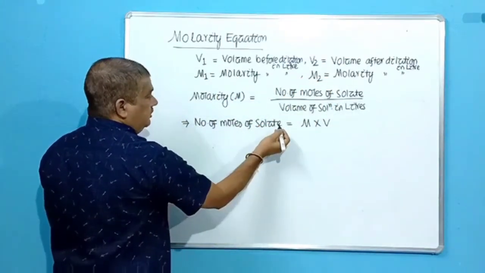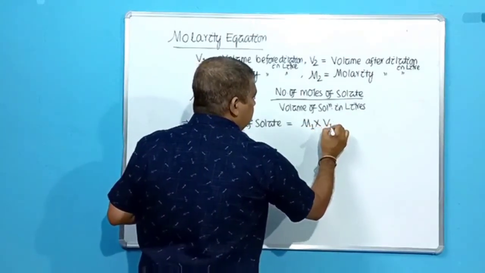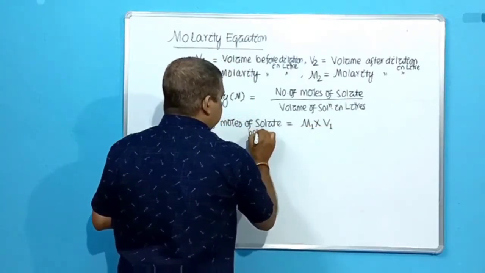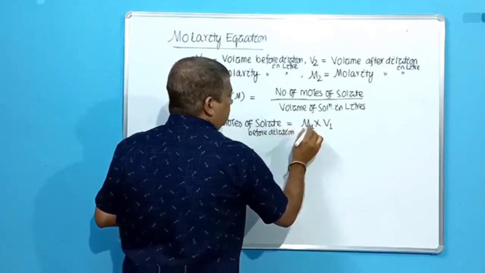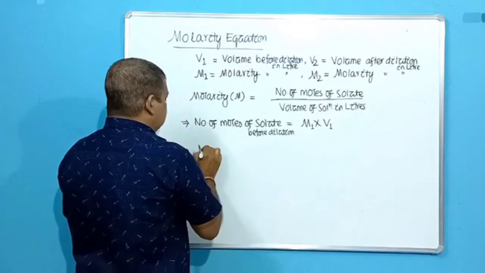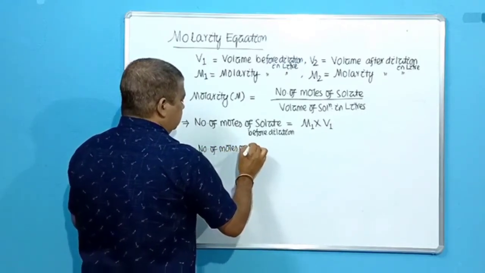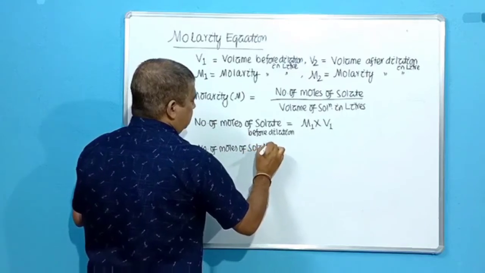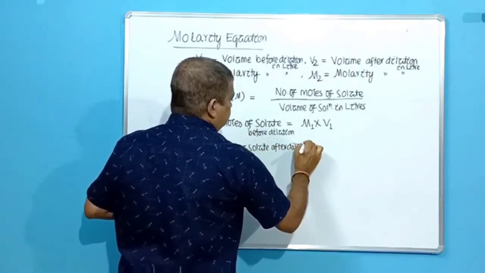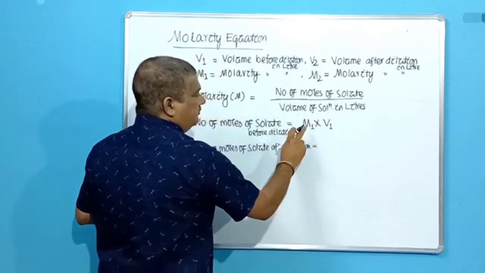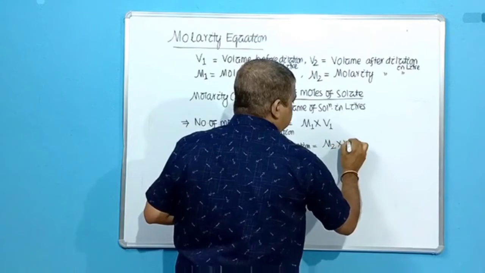So we can write number of moles of solute before dilution is equal to M1 into V1. Similarly, number of moles of solute after dilution will be molarity into volume, that is M2 into V2.